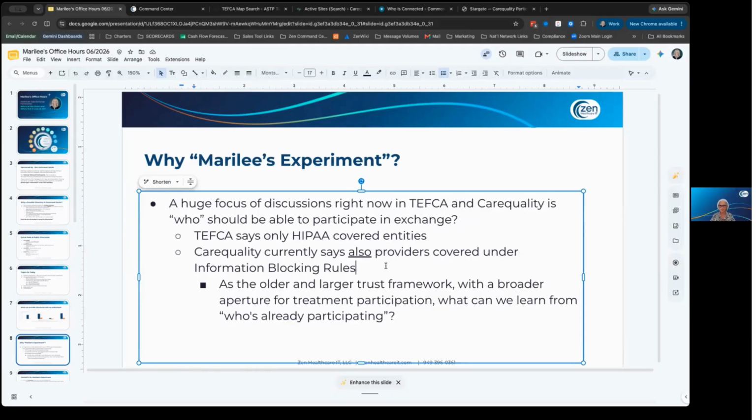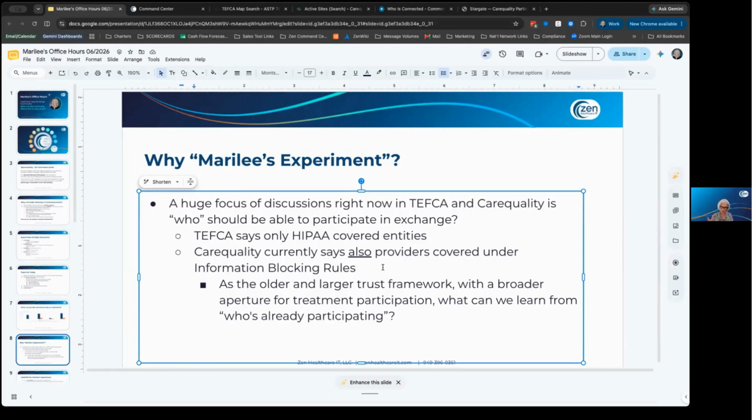What you will see as I go through the analysis here is that there are some providers in Carequality that are not technically covered entities, in the sense that they don't do HIPAA covered transactions that are specifically called out in the law. Carequality says that you also can share data under the framework if you're covered specifically under the information blocking rules, which was a recent update to the Carequality data sharing agreement. So Carequality's aperture is a little bigger.